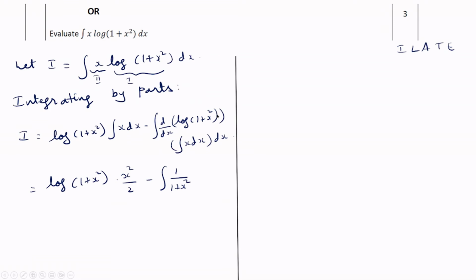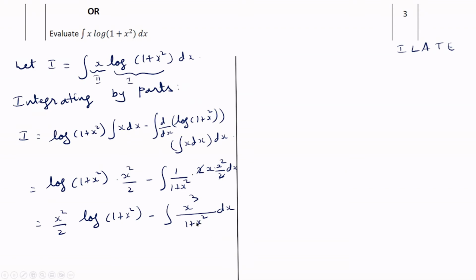First we consider this as a single function. So the derivative of log of that single function will be 1 by (1 plus x square), and then we differentiate this 1 plus x square, into 2x, into, here the integral x dx is x square by 2, dx. So this 2 and this 2 will get cancelled. This is equal to x square by 2 into log of (1 plus x square) minus the integral x cube upon (1 plus x square) dx.